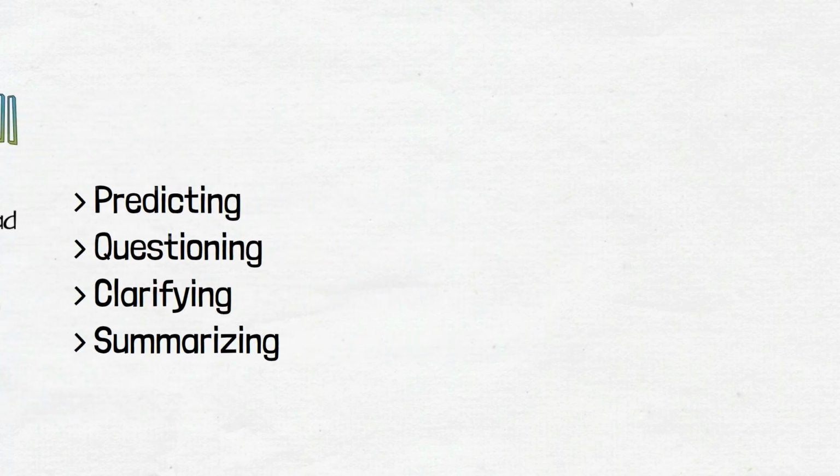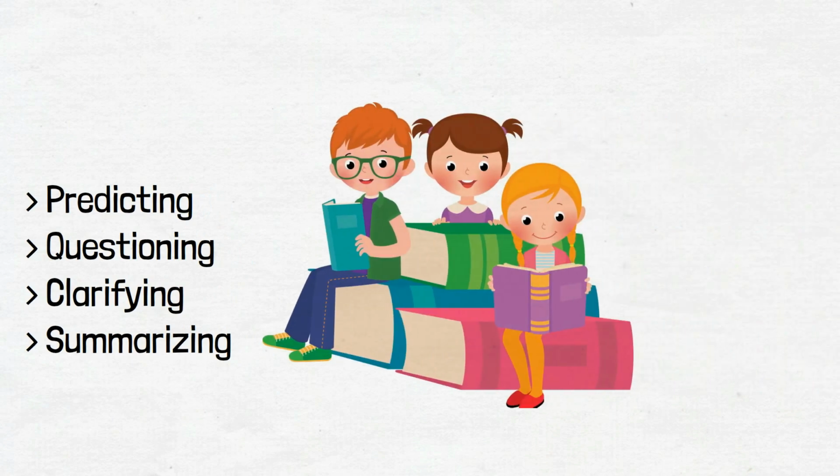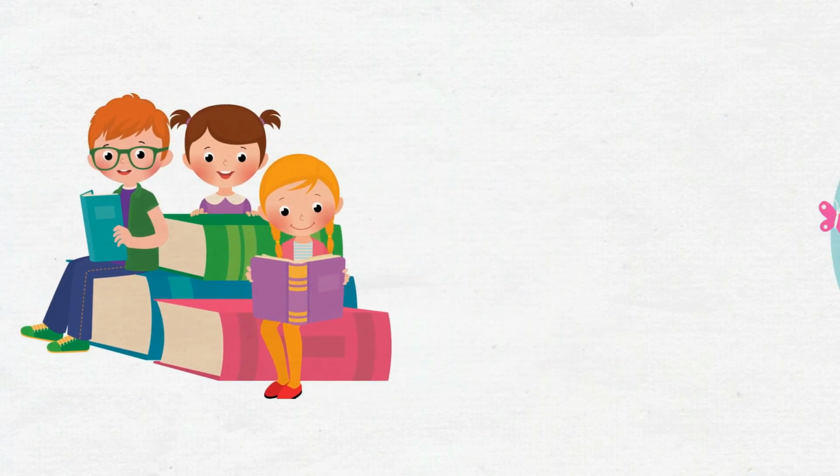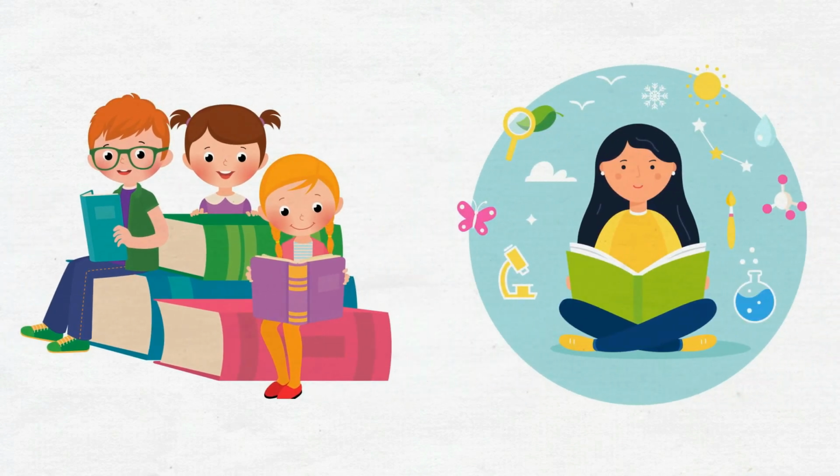Predicting invites students to anticipate what might happen next in a story, engaging their inferential skills. Summarizing helps consolidate key ideas, ensuring that they understand the most critical elements of the text. This method not only enhances individual comprehension, but also builds a sense of shared learning within the classroom.